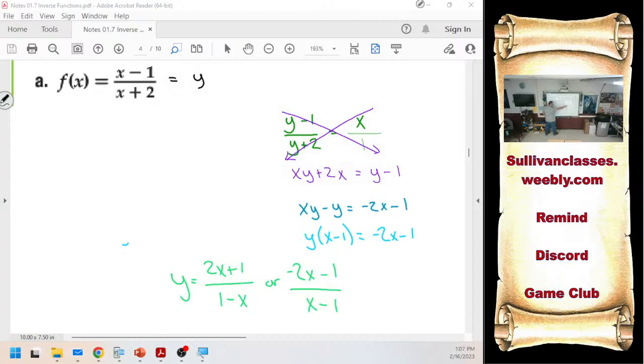This is no different than, no, I'll do that. They're solved the exact same way. Get y by itself. What would you do? Subtract y, and you subtract y over to the other side, right?